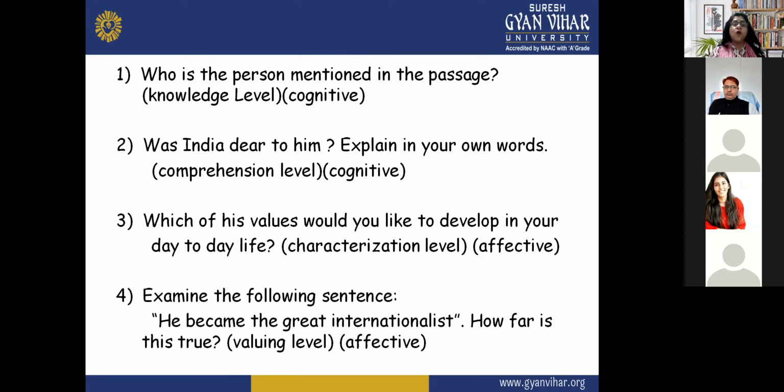Now, these four questions are different, covering different levels. Just understand in what way. In the first question, who is the person mentioned in the passage? Mahatma Gandhi. And this question is related to which domain? Cognitive, and knowledge level. Why?